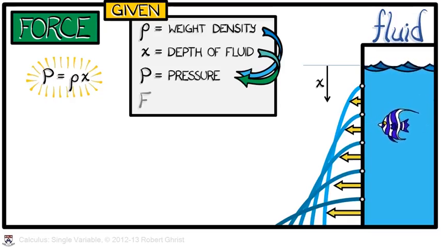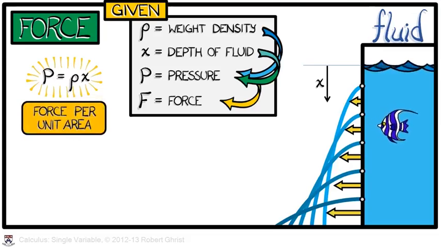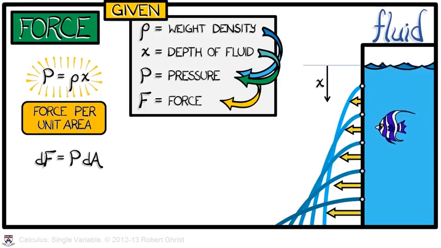All right, well, given that as a backdrop, how can we compute the force that that water or fluid exerts on the side of the tank? Well, that's going to depend on all of these terms. Pressure can be thought of as force per unit area, and that leads us to the differential formulation that the force element, dF, is P, the pressure, times the area element, dA, on the side of the tank.